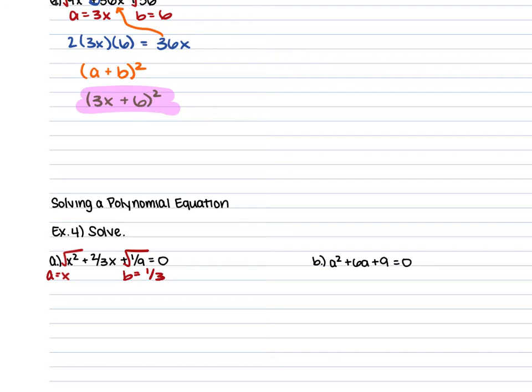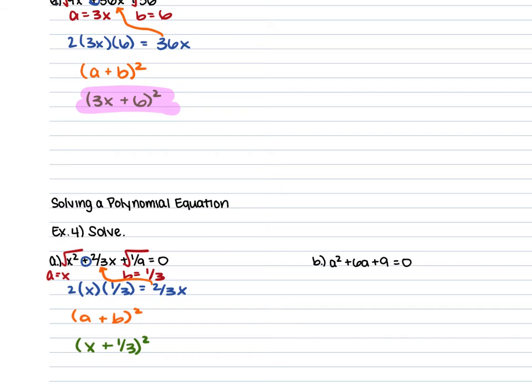If we take a positive 2 and multiply it by x and 1/3, it gives us 2/3 x. From here, we can use a plus b, since our middle term is positive, squared. And this just leaves us with x plus 1/3 raised to the second power.